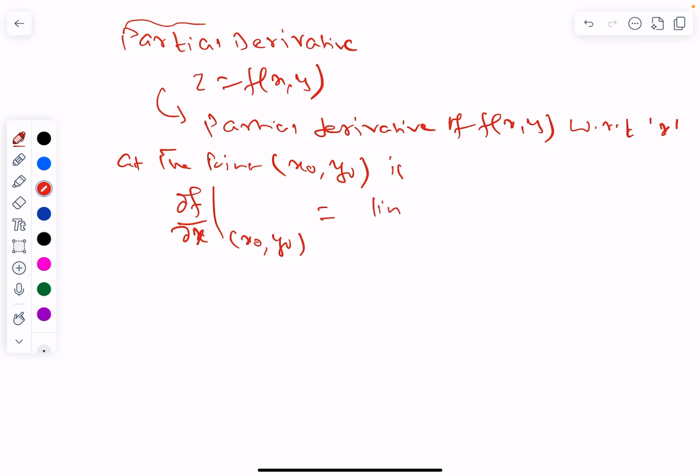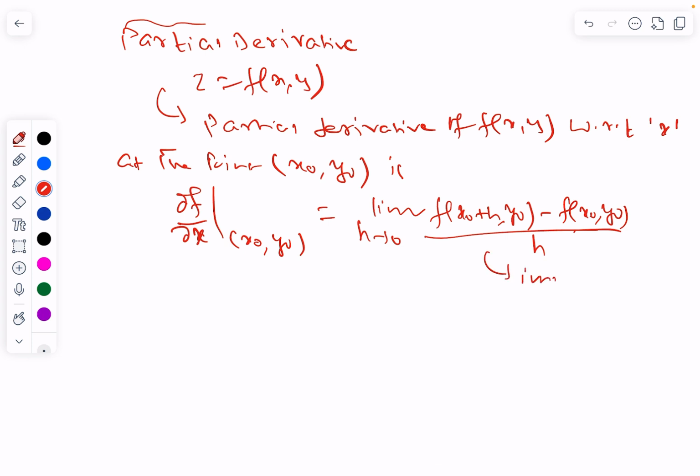This is equal to the limit as h tends to 0 of f(x0 + h, y0) minus f(x0, y0), divided by h, provided this limit exists.